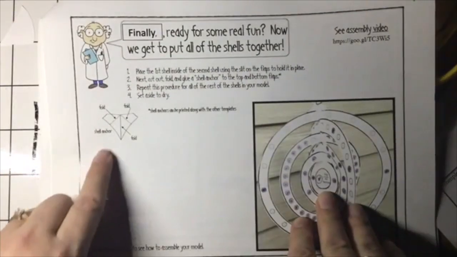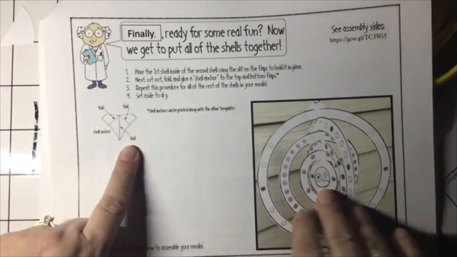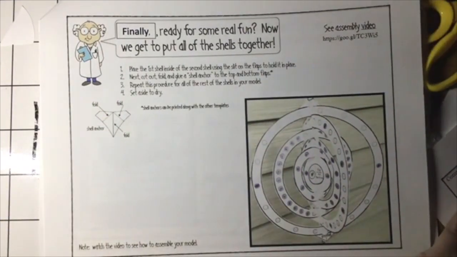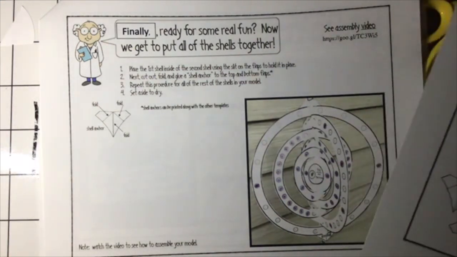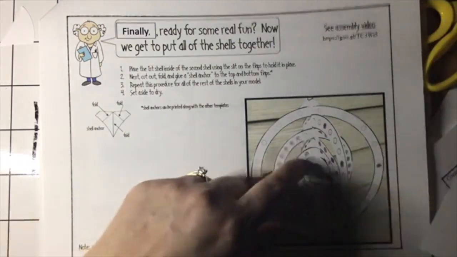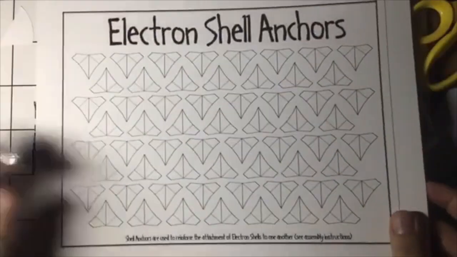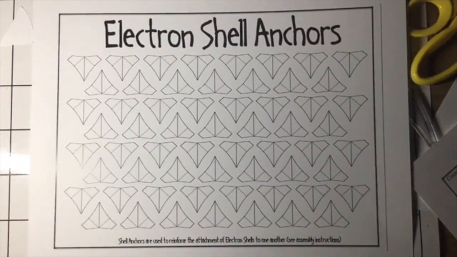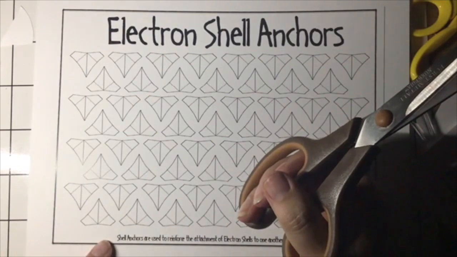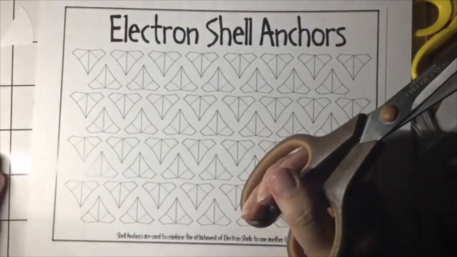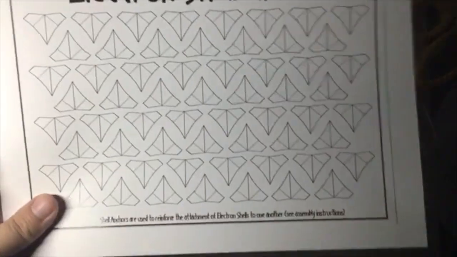The shell anchors look like this, and you've got another template piece of paper that has a whole bunch of those. We only actually need 6 of them, but they are very important because they are how these things are going to be able to stay together like this, okay? So go ahead and grab those. It's this paper here. What I recommend is we just cut out a group of them because we don't need all of them. It came like this in case you do one of the really big atoms.